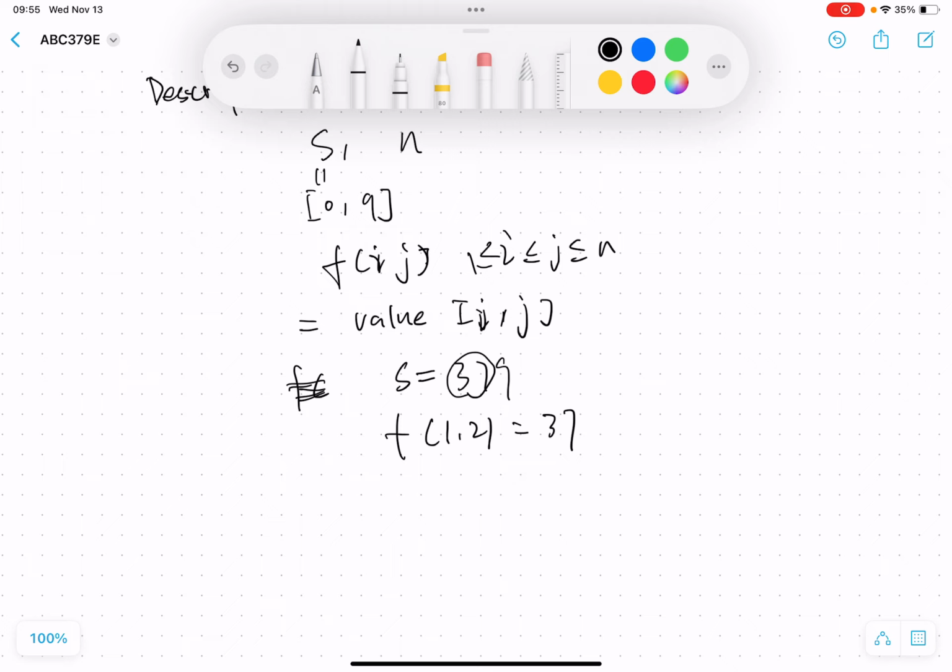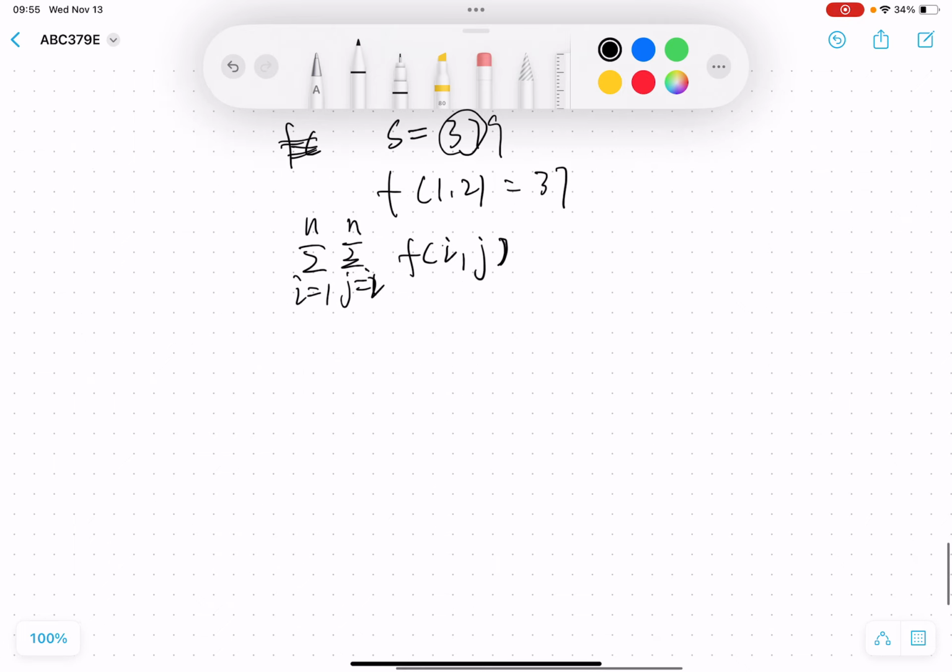The problem is how to calculate the sum of the function for every pair i and j. It will calculate the sum for i equal 1 to n, for j equal i to n, of the function f(i, j). This is what we need to return. For example, let's take this as an example.